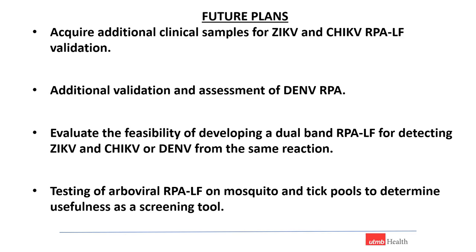And then assessment of the dengue RPA. I'm looking at several other primer sets that I want to reassess to see if I can improve that RPA and make it better. And then also, to make the RPAs more useful, to do what we call dual band RPA-LF, by having one probe with a FAM label and another with another fluorophore, so we can detect two different arboviruses at the same time.